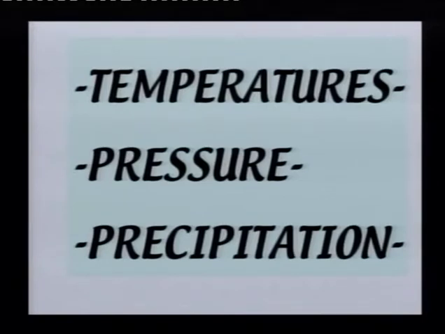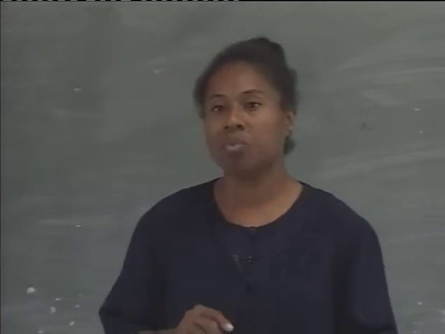Say, for example, what is the climate of Papua New Guinea like? Our answer would be hot and wet. The word hot describes temperature, and the word wet describes precipitation. So for the controls, sorry, not controls, but the factors, which are explained a little more in depth, will be mainly pressure, temperature, and precipitation.